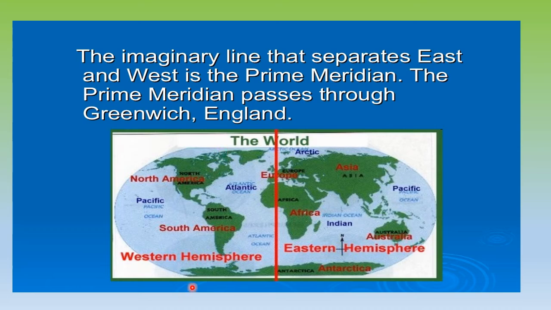You could divide it here or you could divide it here. So it was decided that the line passing through the Greenwich Laboratory will be considered as your prime meridian or 0 degree line.